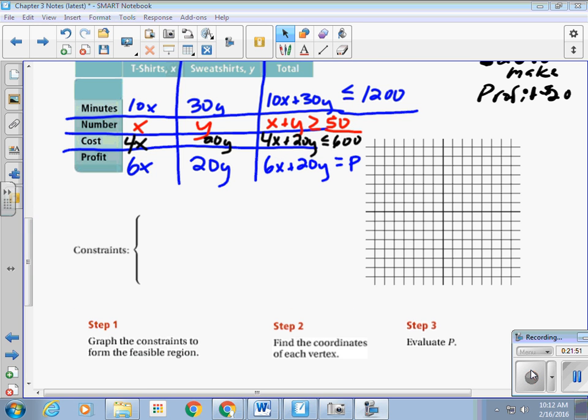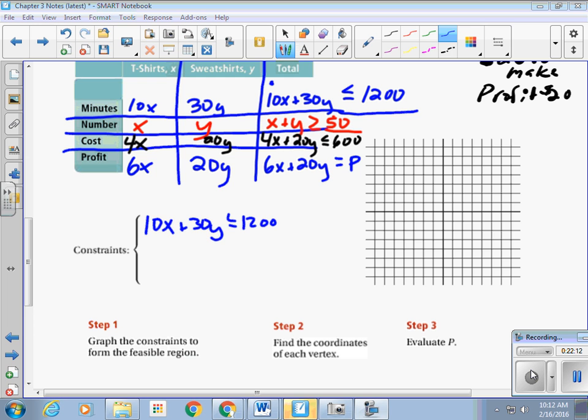All right, so given this information, let's put together our constraints. You guys want to do the easy ones or the hard ones first? The hard ones first? Okay. So the first constraint is the minutes. So 10x plus 30y has to be less than or equal to 1200. And then our other constraint is the amount we have to sell.